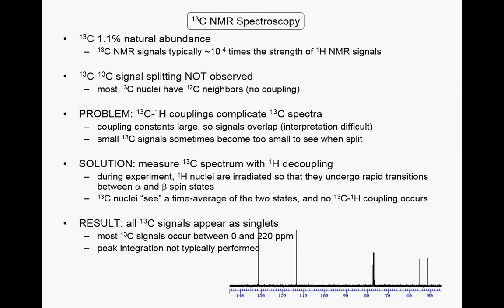You can see that the scale down here is a little different. For carbons, you would expect signals between 0 and about 220 ppm. For proton, you're usually shown about 0 to 10 ppm. So it's not really complex, it's just broadened. We see the same chemical phenomena.